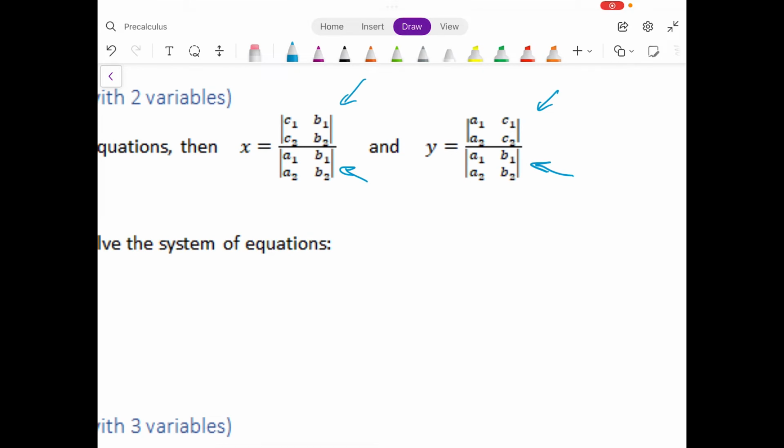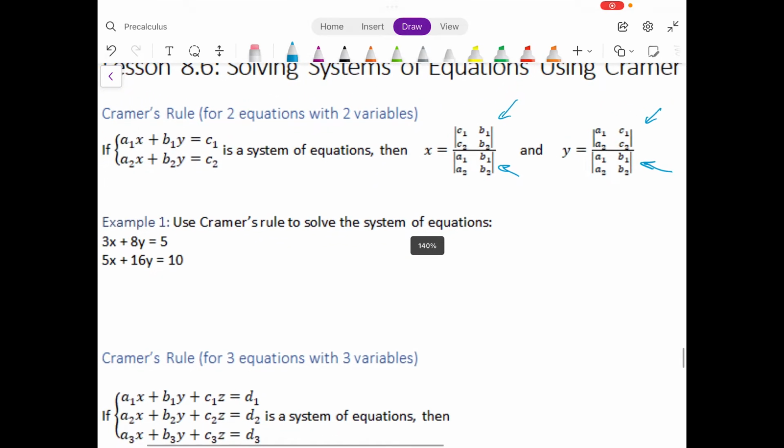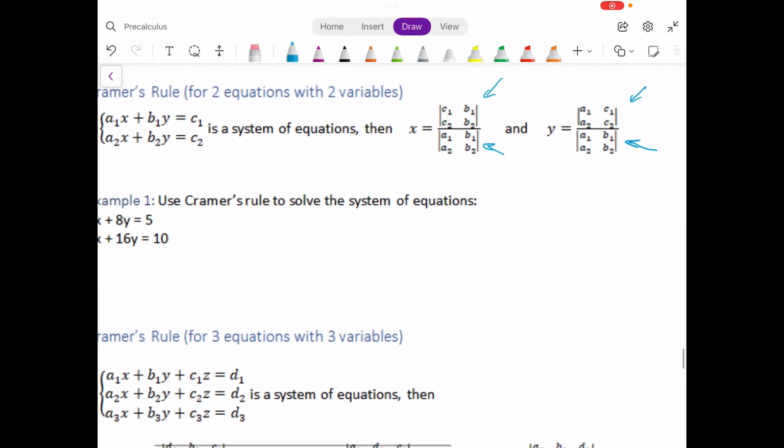Let's see if we can slide this so we can see everything a little bit bigger. So here are the things I like to notice. Here's our a sub 1, b sub 1, a sub 2, b sub 2. So notice the denominator of both solutions is the same.